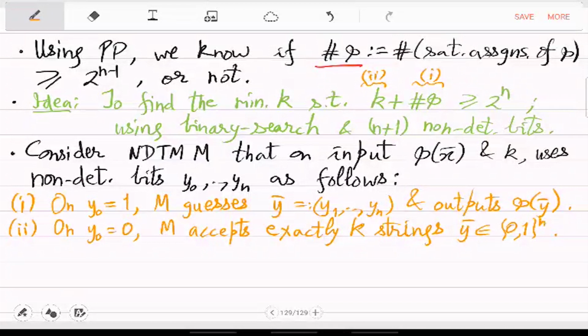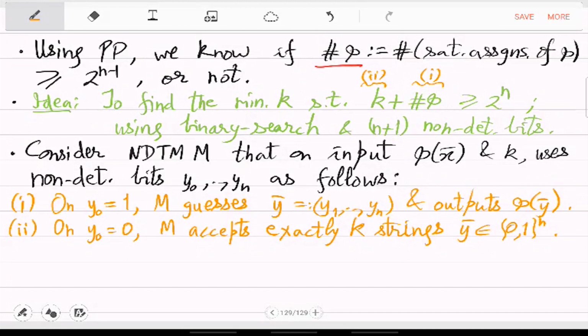That's the k part, right? So y0 equal to 1 is covering #phi, and y0 equal to 0 is covering k, and so the total number of accepting paths is by definition 2 raised to n.